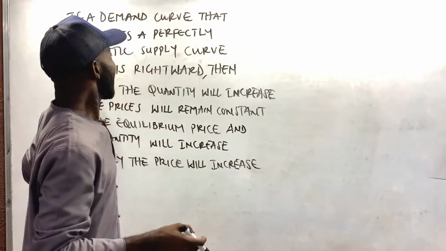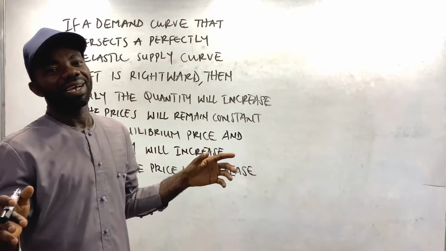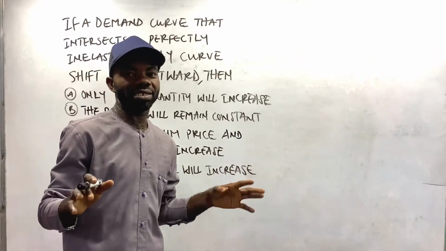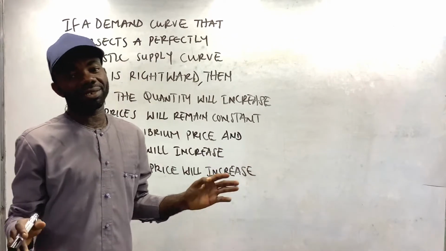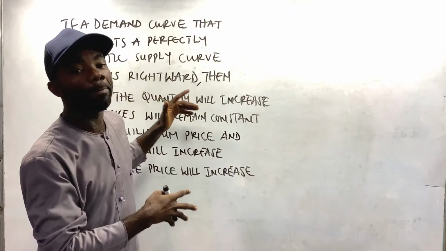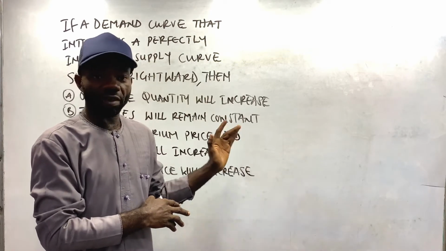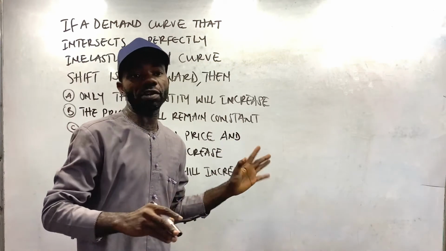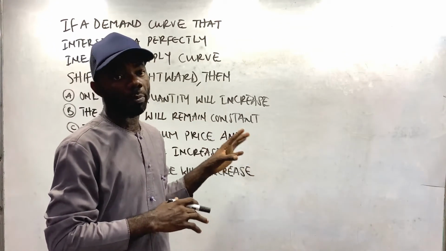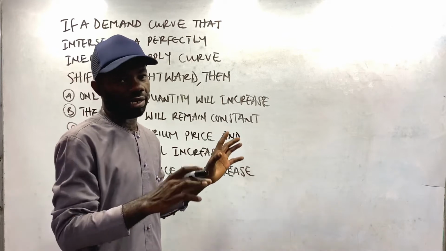Now, we have an interesting question here when it has to do with theory of demand and supply. I always say it's interesting. And why do I say it is interesting is because this is where the hub of economics is. I'm saying it again, theory of demand and supply. If you do not have a good knowledge of this topic, you find economics difficult generally.